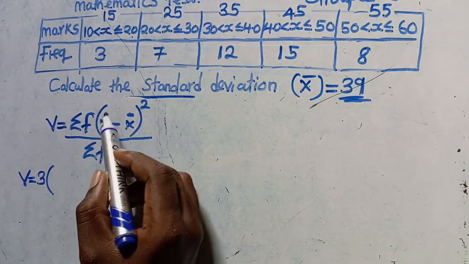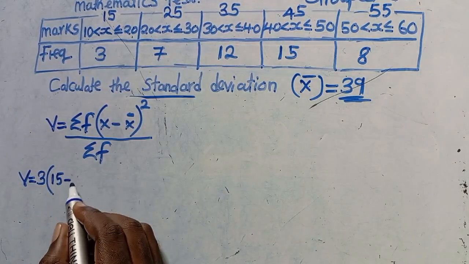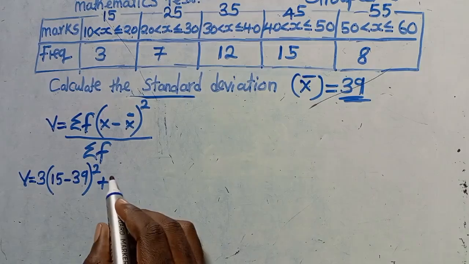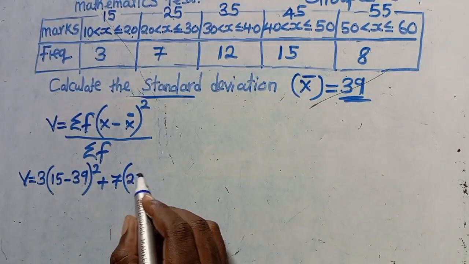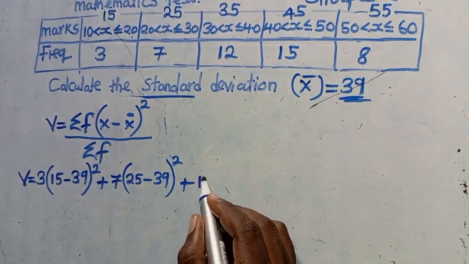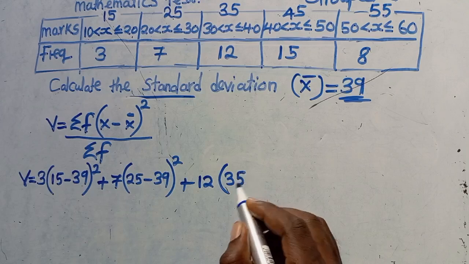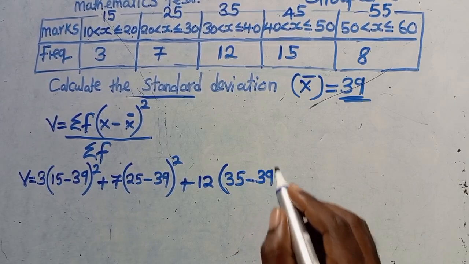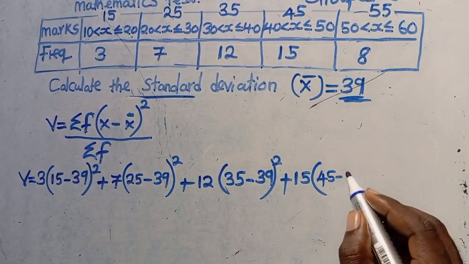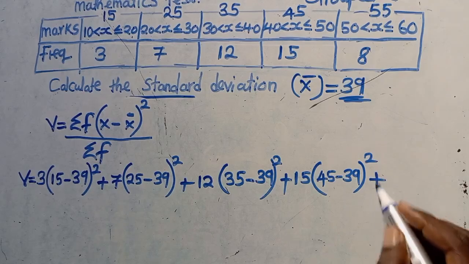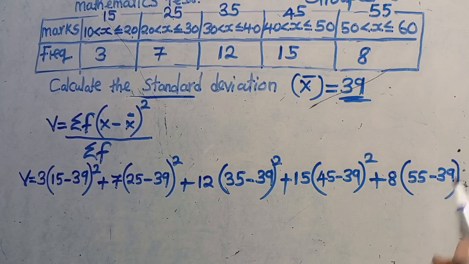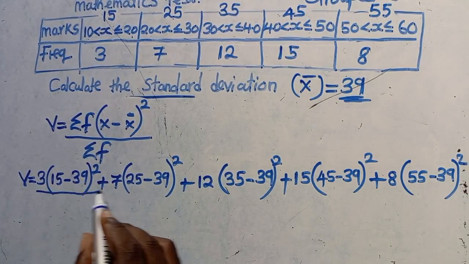Frequency is 3, open bracket, x is 15 minus the mean, 39, squared, plus 7, open bracket, x is 25 minus 39, squared, plus 12, open bracket, 35 minus 39, which is our mean, squared, plus 15, open bracket, 45 minus 39, squared, plus 8, open bracket, 55 minus 39, which is our mean, squared.